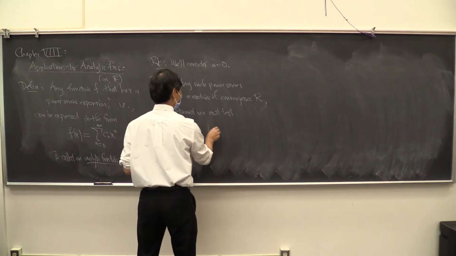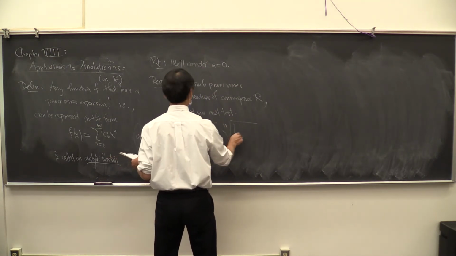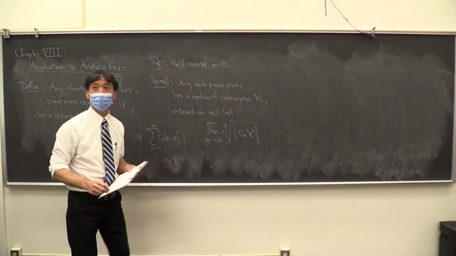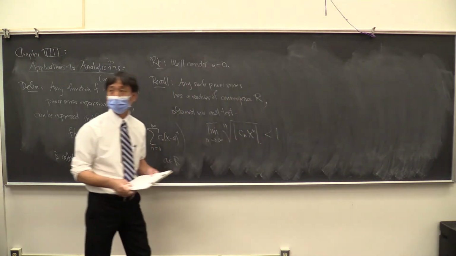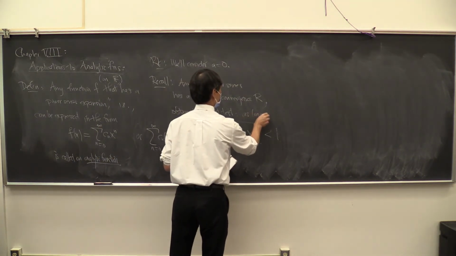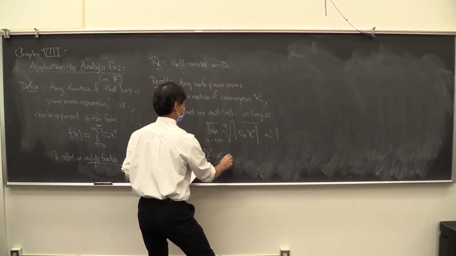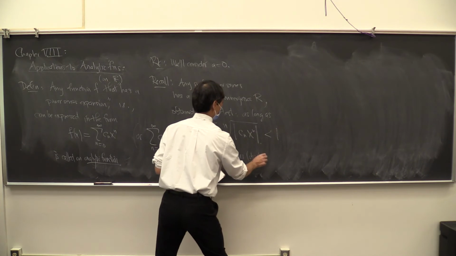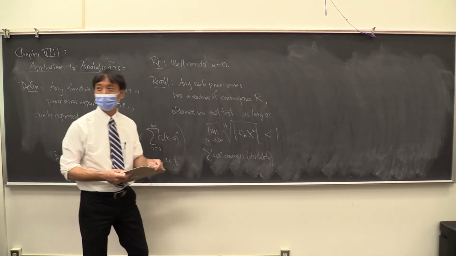Remember what you do. You take the lim sup of the nth root of the absolute value of the nth term, as n goes to infinity. And as long as that thing is less than 1, then you have convergence. As long as this thing is less than 1, then the sum of c sub n x to the n converges absolutely. Kind of obviously absolutely, because when we do the root test, we take the absolute values.